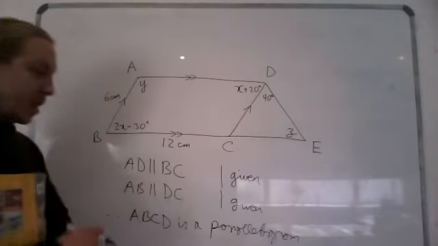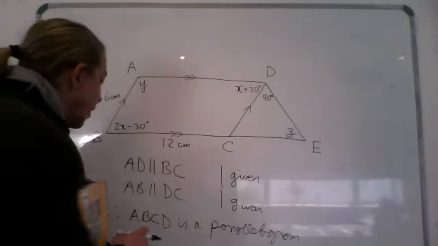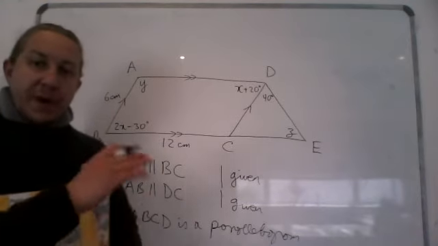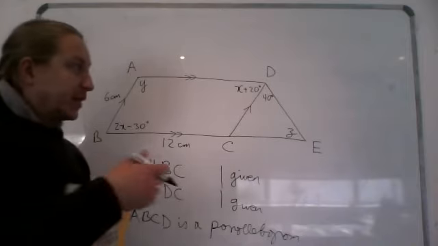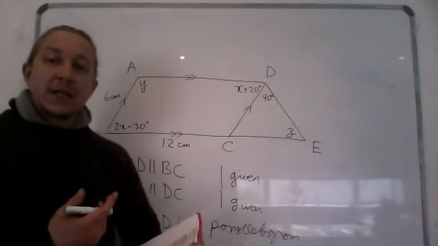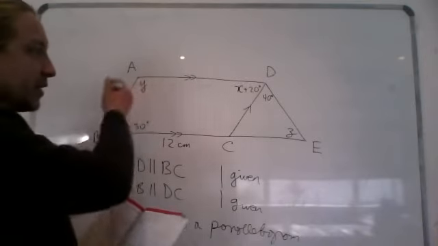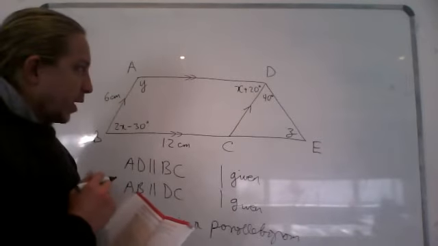That's enough to prove that it is that, because we've matched up one of the reasons to conclude that this is a parallelogram, and that is opposite sides are parallel, which is what we have.